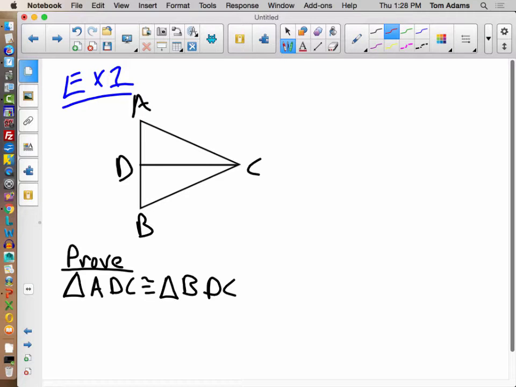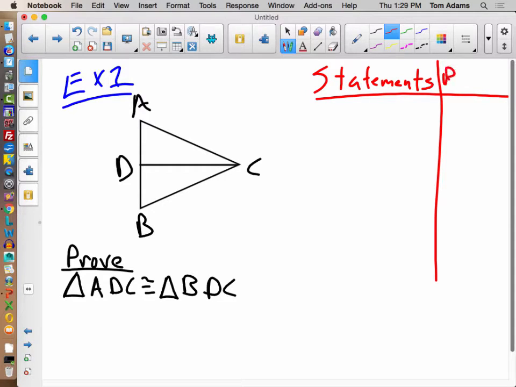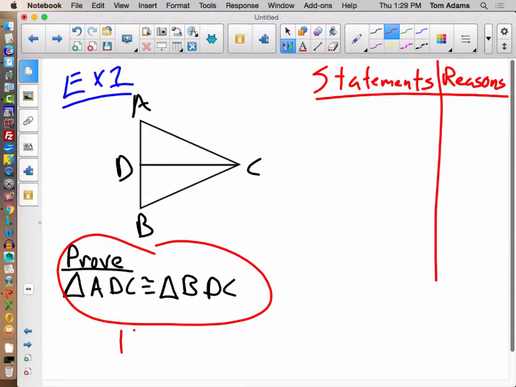I don't want to write it down twice. Remember, this is our very last step. In that last step, the reason is going to be the hypotenuse leg theorem.